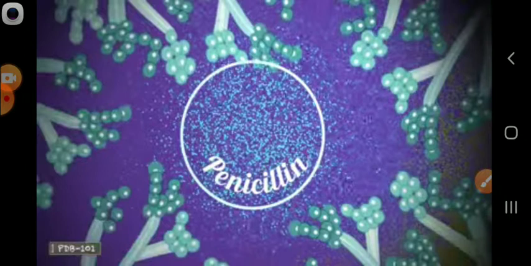Broad spectrum antibiotics examples are ampicillin, amoxicillin, etc. And narrow spectrum antibiotics examples are erythromycin, penicillin, etc. You can see here how the penicillin structure is there.